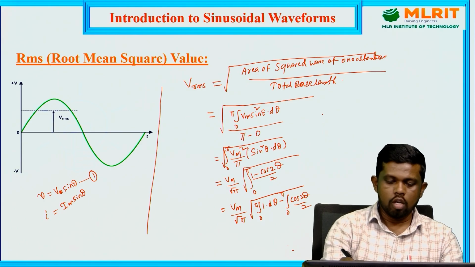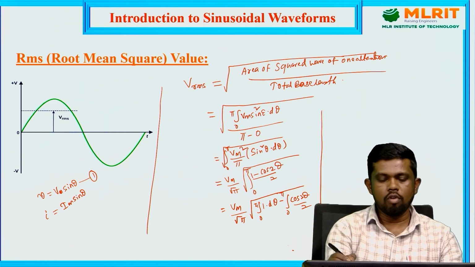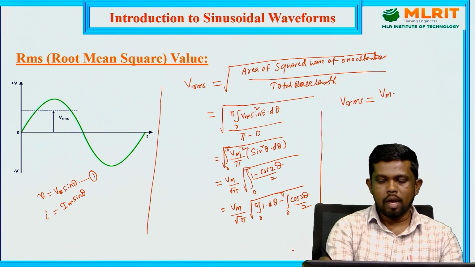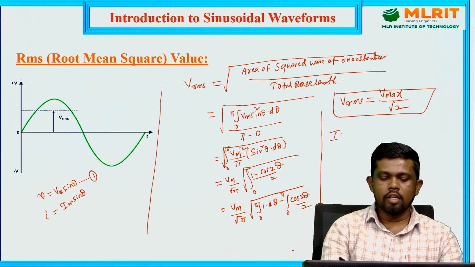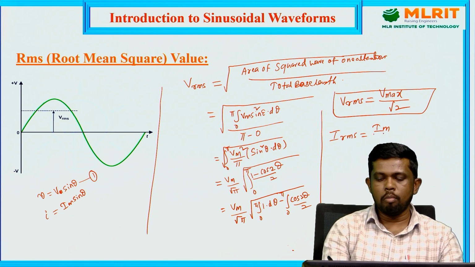After simplification we get the VRMS of the sinusoidal waveform as Vm by root 2, that is Vmax upon root 2. If it is considered as IRMS, the sinusoidal current, we get Im upon root 2.